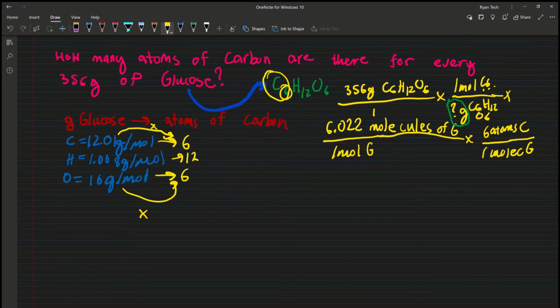And then we're going to add it to 12 times 1.008, which is going to be 84.156. And then we add it to 16 times 6, and you're going to get an answer along the lines of 180.156. So if you calculate all of that and add it all up, you'll get an answer of 180.156 grams per mole.